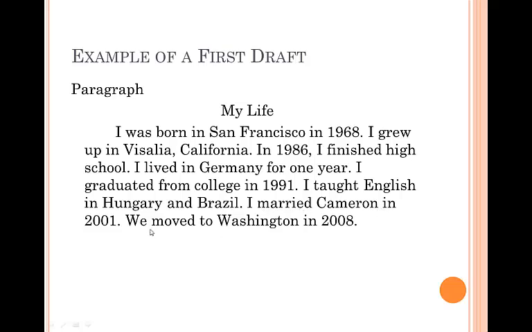I married Cameron in 2001. We moved to Washington in 2008. So these are the same sentences that I wrote, but in a paragraph form, which just means the sentences go together, and periods are very, very important when we write a paragraph.